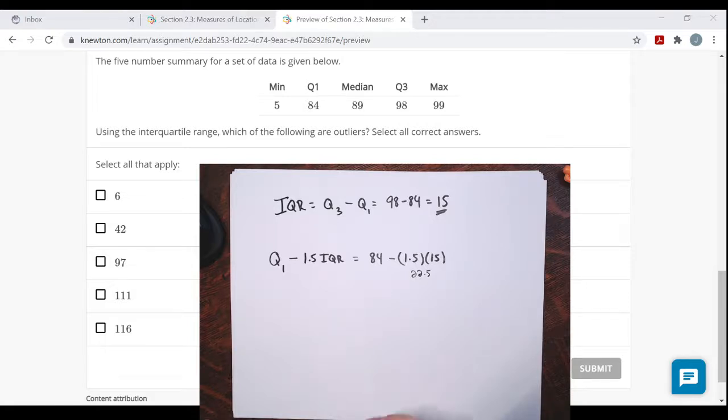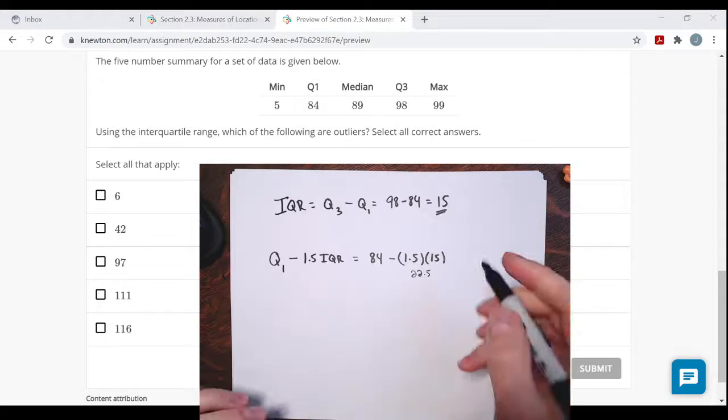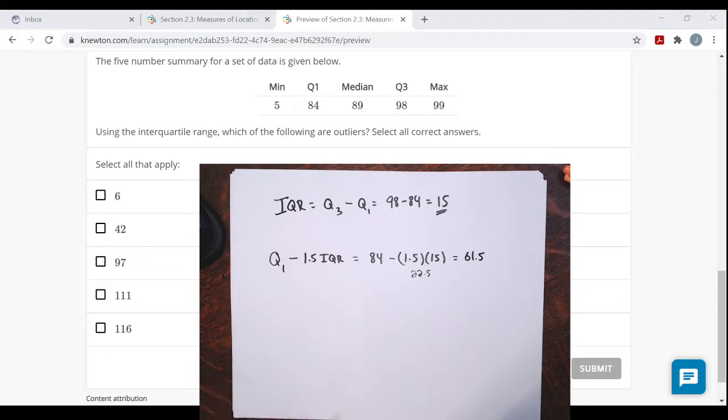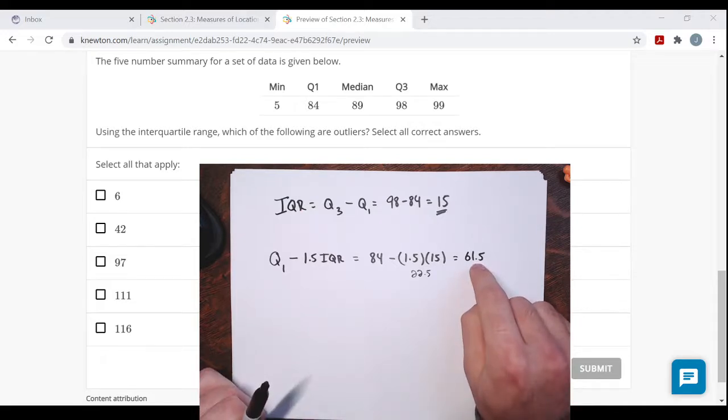So 84 minus 23 would be 61, but then plus a half, this is 61.5. So anything below 61.5 would be considered a potential outlier.